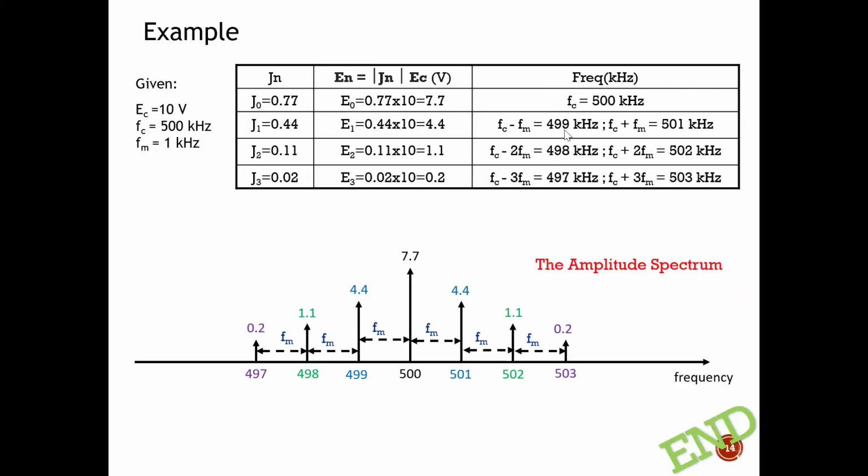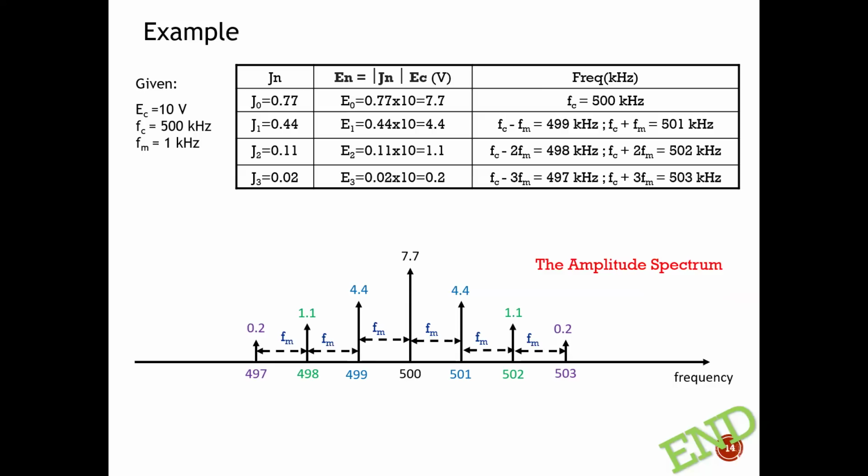The next pair will have frequencies at 499 and 501, shown over here, and the amplitude value is 4.4. The same for the second pair, which is 498 and 502. As you can see from here, the amplitude is 1.1. And last but not least, for the third pair, you will be able to understand by now.